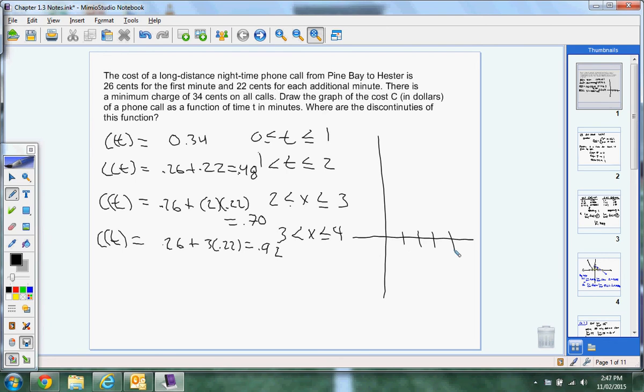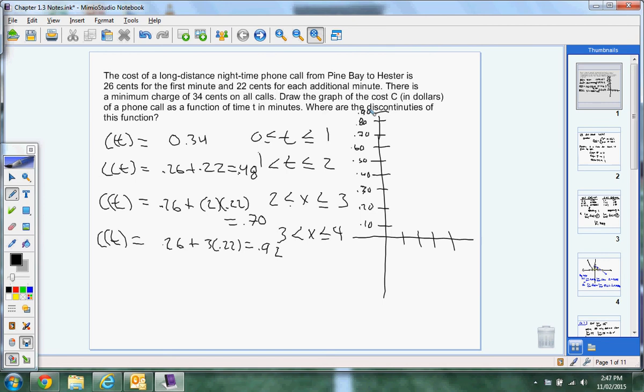Okay? So if we did money here, let me go up by 10 cents. I probably should go by more than that, but okay, whatever. So all that's 90 cents.